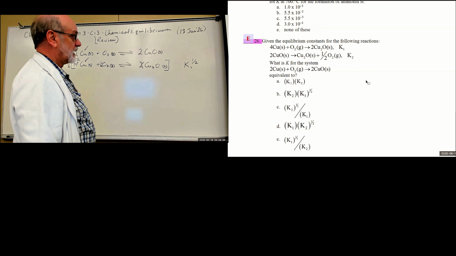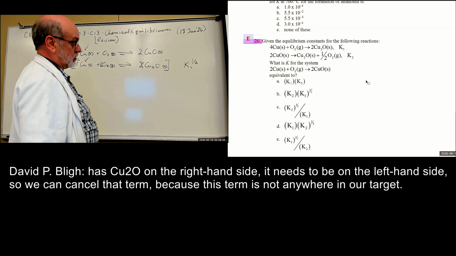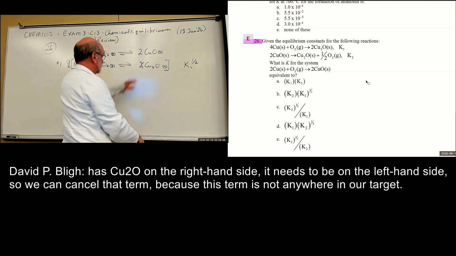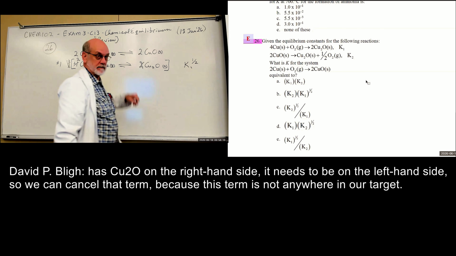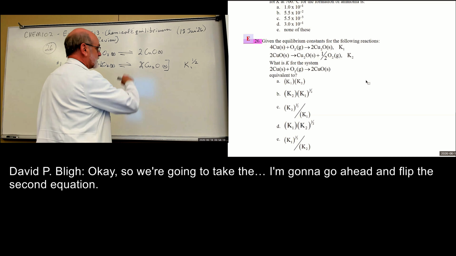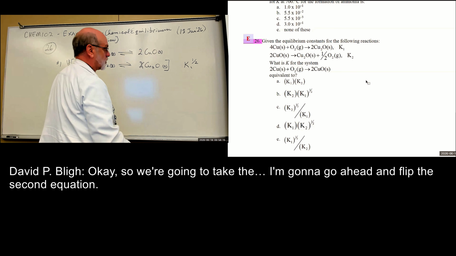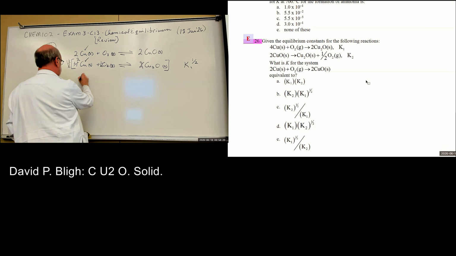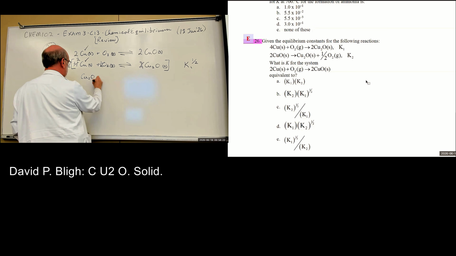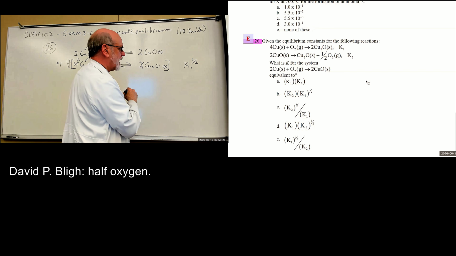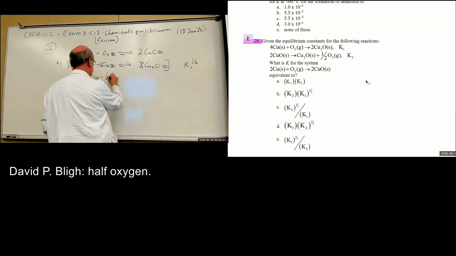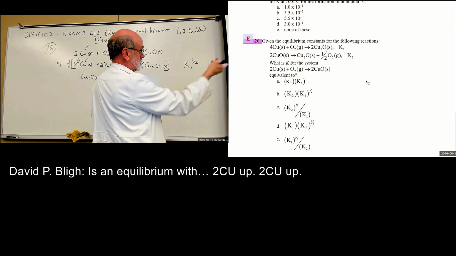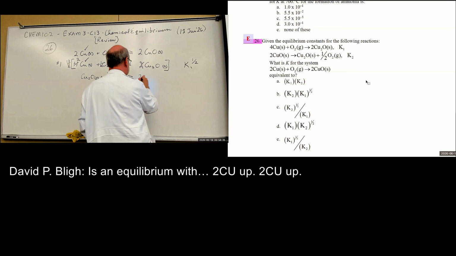The next one has Cu2O on the right-hand side. It needs to be on the left-hand side so we can cancel that term because this term is not anywhere in our target. Okay, so I'm going to go ahead and flip the second equation. So it's Cu2O solid, plus what? Half oxygen is in equilibrium with 2CuO.